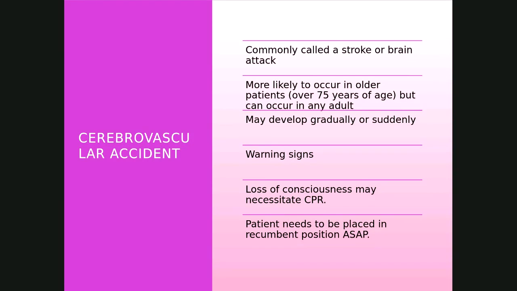It breaks up the clot that has caused the stroke, and the quicker that they can give that medication and break up the clot, the better the chance the patient has of not only surviving the stroke, but regaining whatever was lost as far as function.